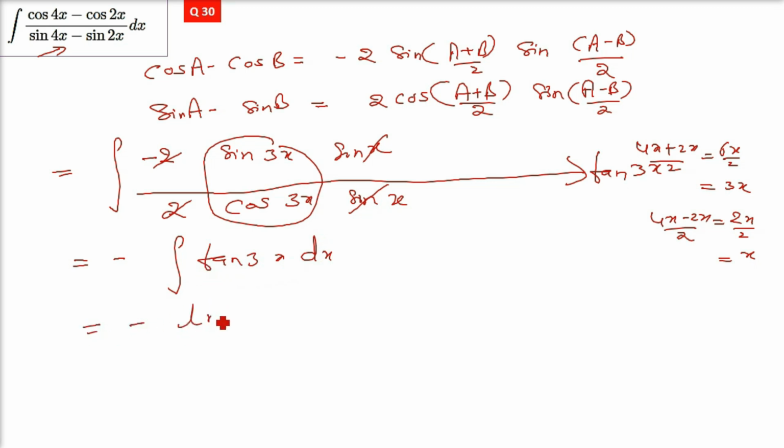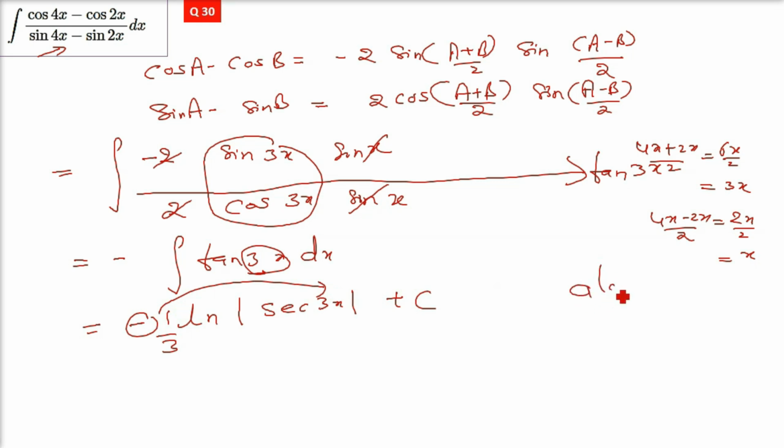Tan 3x integrates to ln modulus of, what is that? Tell me. It's sec 3x, dx is already done, so just add the constant of integration. 1 by 3 will also be there because differentiation of 3x will be done and put in the denominator, that you already know. Now you can take this negative, and this sec x is actually 1 by cos x. When it goes with the power negative 1, it will form cos 3x.